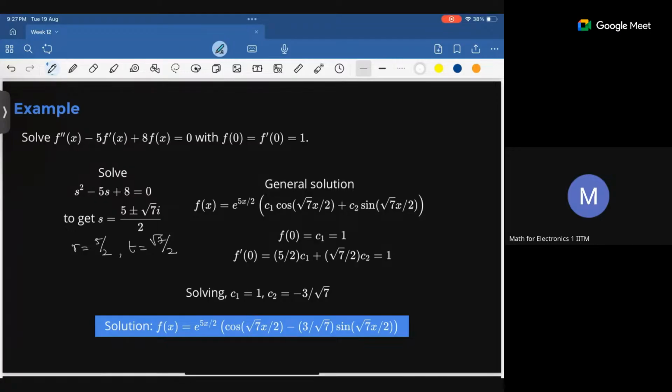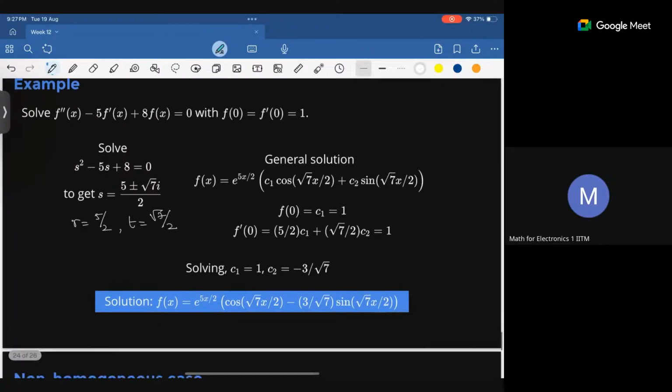Right, so the general solution will be e power rx, which is e power 5x by 2, into c1 cos tx, where t is root 7 by 2, so cos root 7x by 2, plus c2 sin root 7x by 2. Then using the initial conditions, you can find c1 and c2. If you solve it, you will get c1 to be 1 and c2 to be minus 3 by root 7. If you substitute, you will get the solution.